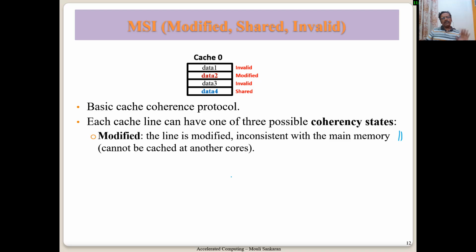So we are simplifying it by saying that if somebody wants to write into a block, it will be in the modified state, and at a particular time only one copy of that block will be in a modified state in any of the multiple cores in the system.